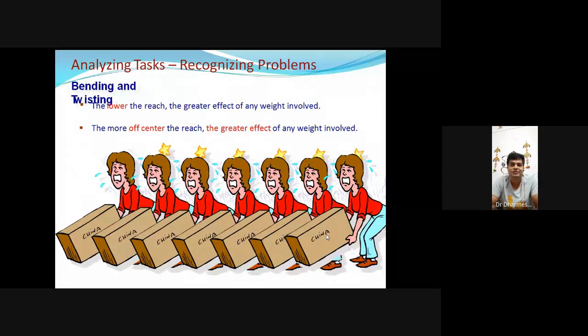Now this is the second example, where we need to analyze the task first. Suppose in the figure I showed you, we need to lift a load from the ground. First of all, we need to know the method of lifting any object from the ground level. First step, we need to go nearby to the object.